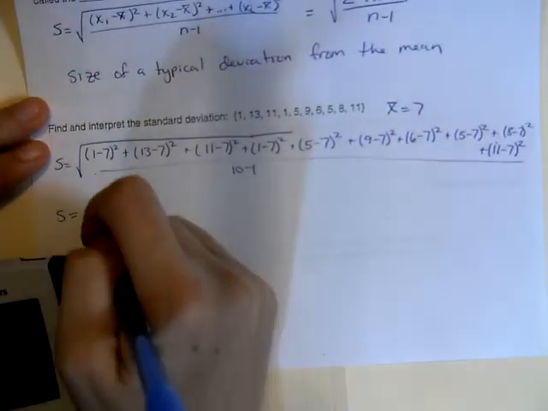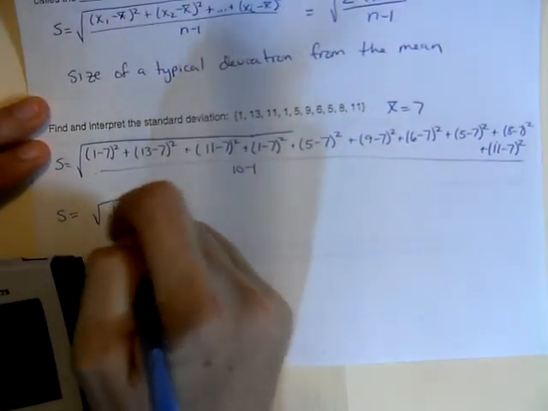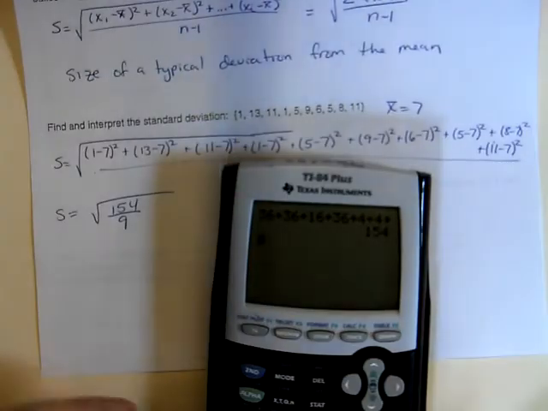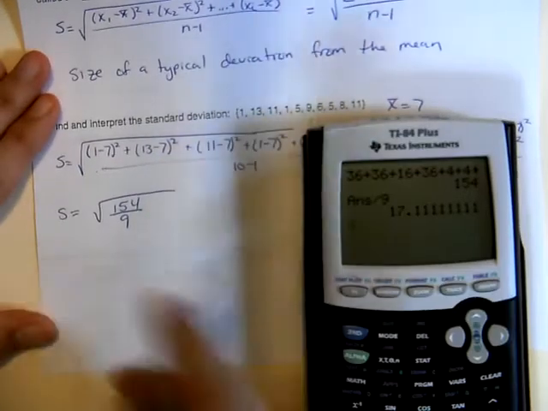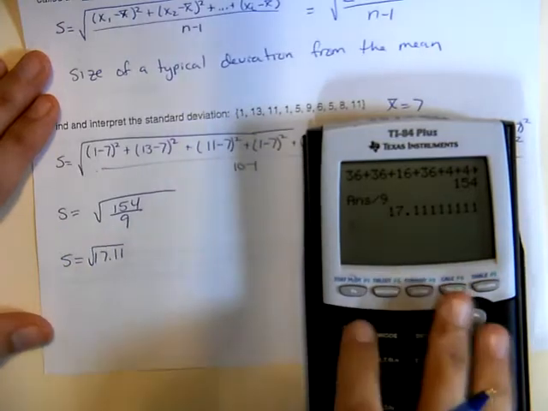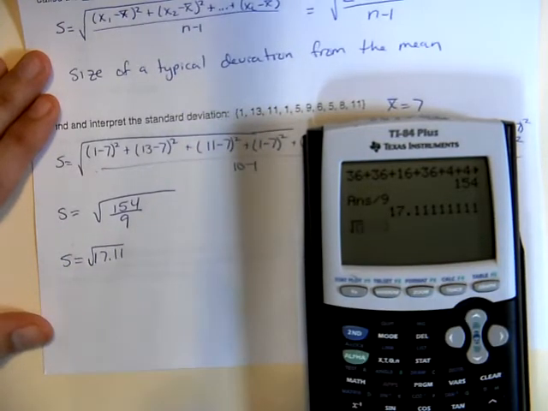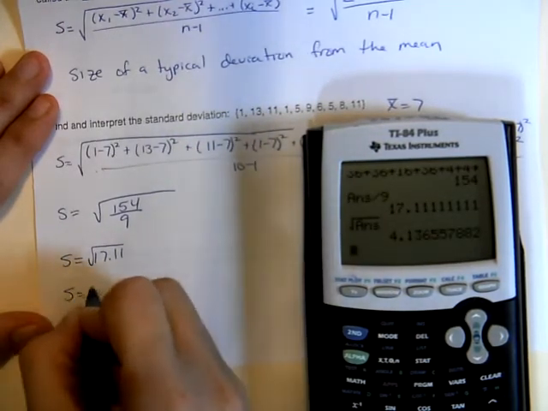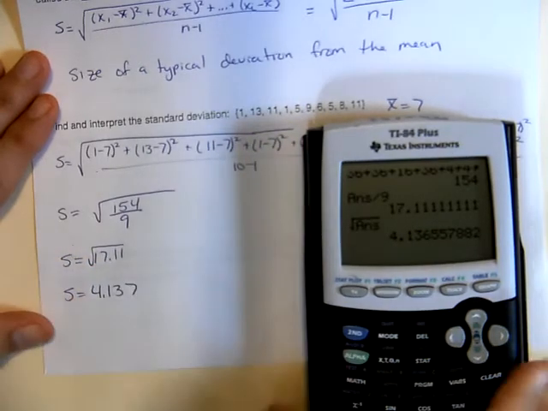So it would be the square root of 154 divided by 9. So it's the square root of 17.11. So it's 4.137.